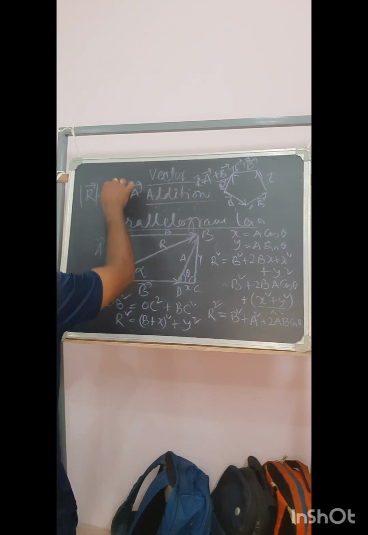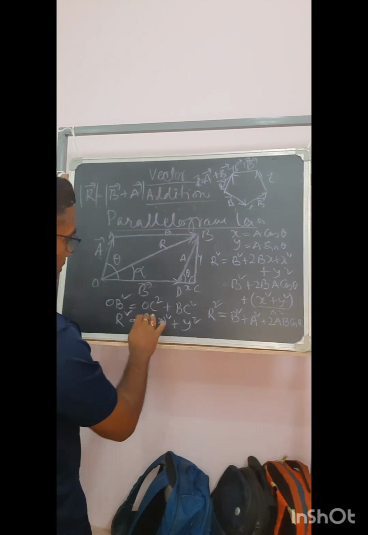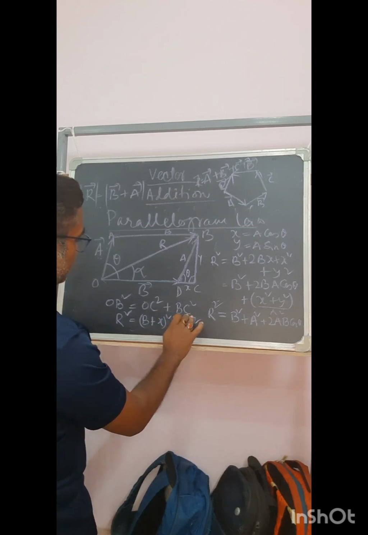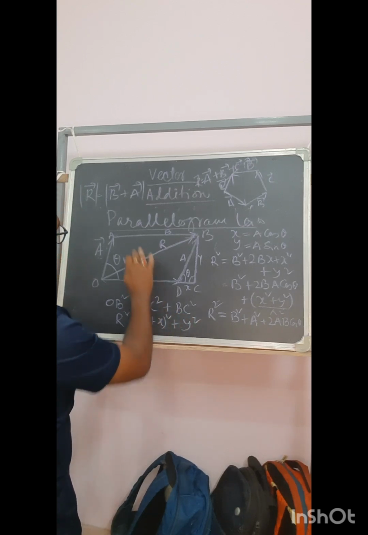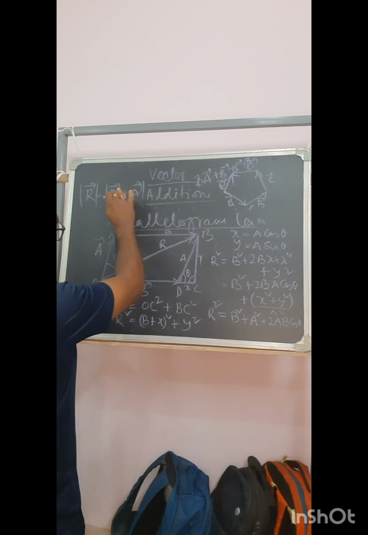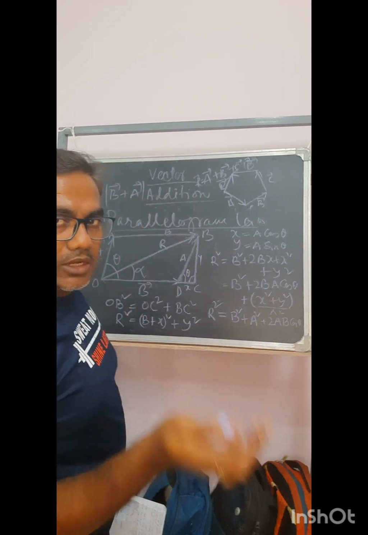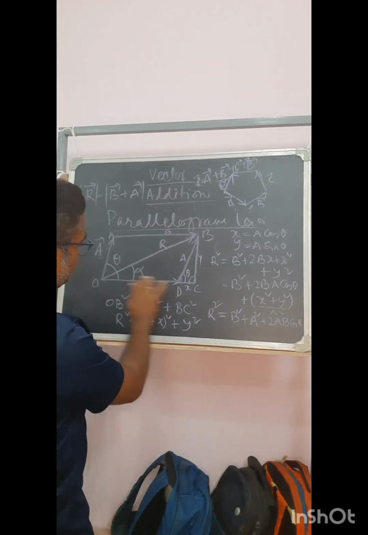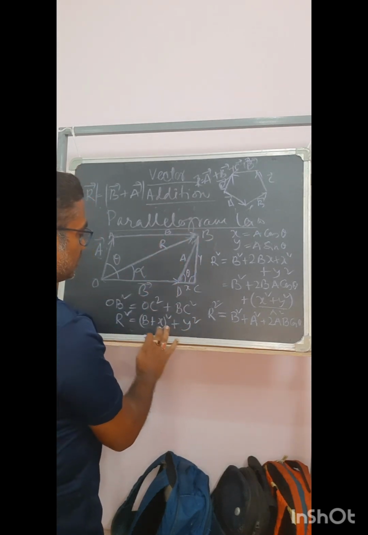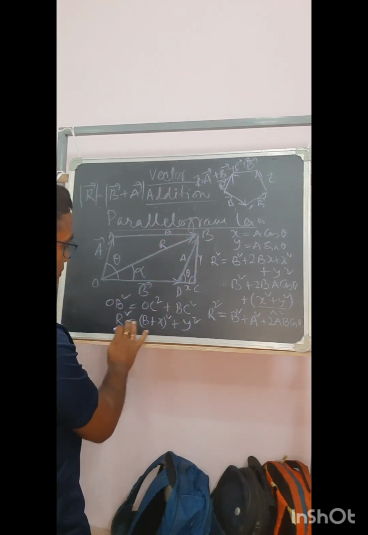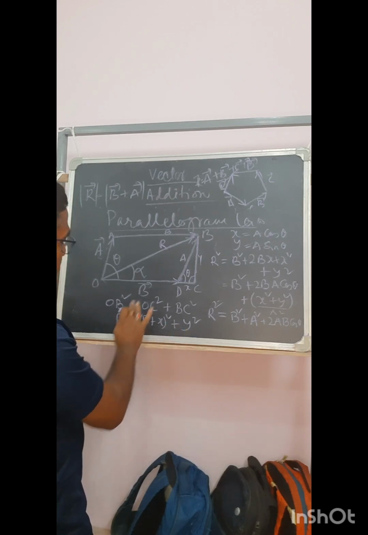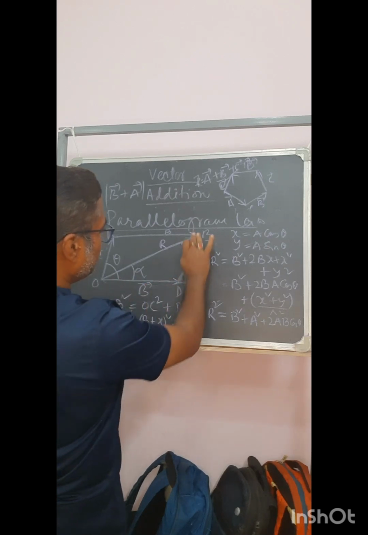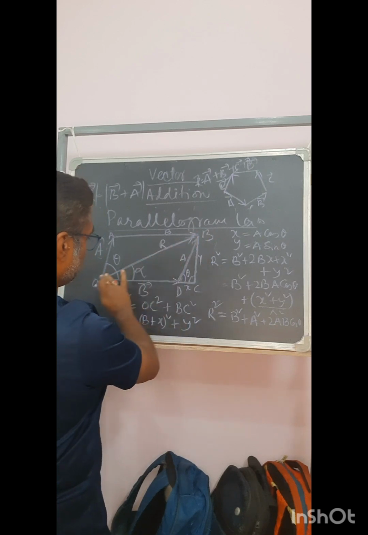What is the magnitude of that? That I am deriving with the help of this right angle triangle. It's not that I am directly writing R square, because R square is being represented in this triangle.